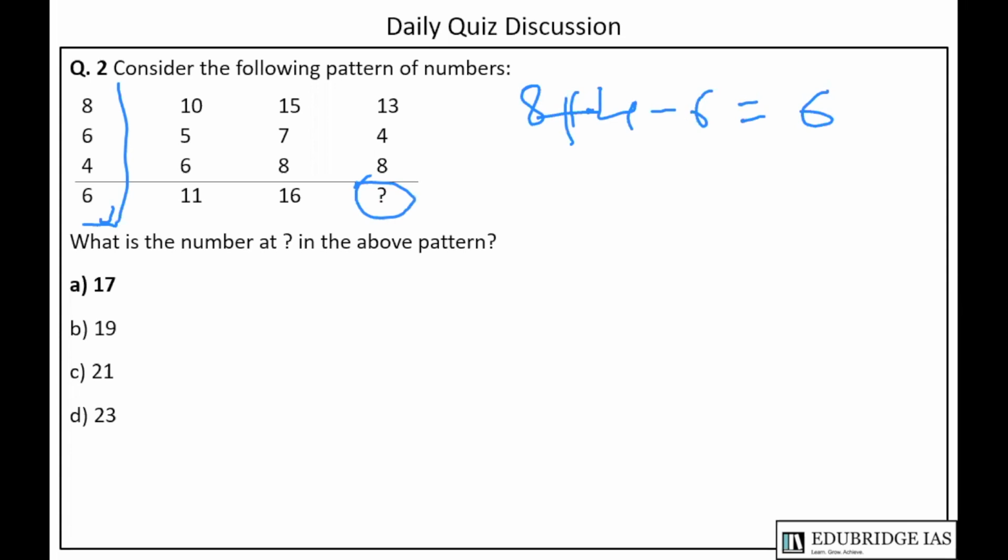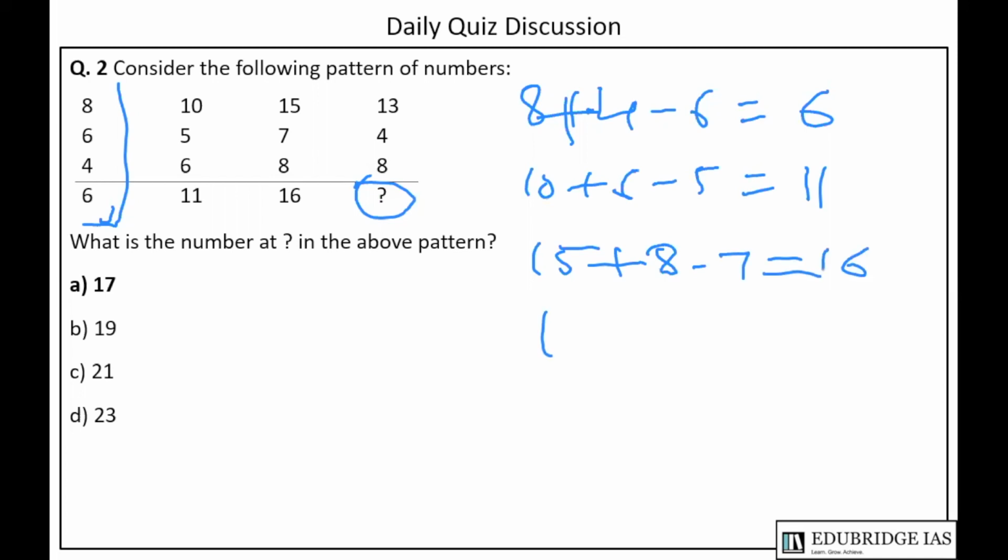Similarly, 10 plus 6 minus 5 equals 11. Similarly, 15 plus 8, now 23 minus 7 equals 16. So here, 13 plus 8 is 21, minus 4 equals 17. So A will be the answer in this case as well.